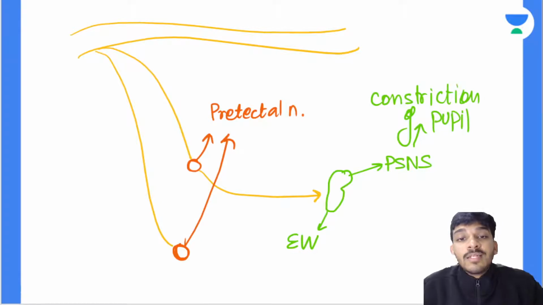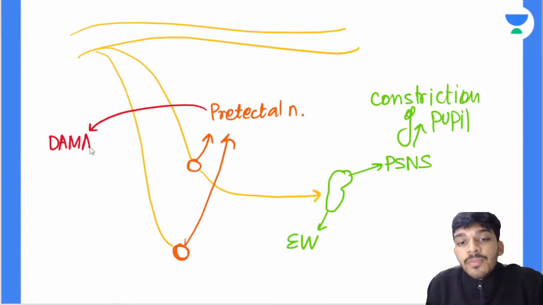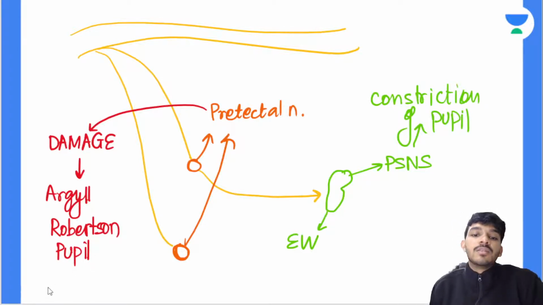If the pretectal nucleus is damaged, what will happen? There is a condition known as Argyll-Robertson pupil, in which the light reflex is lost, but the accommodation reflex is preserved.